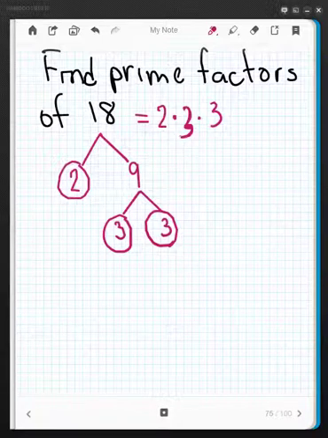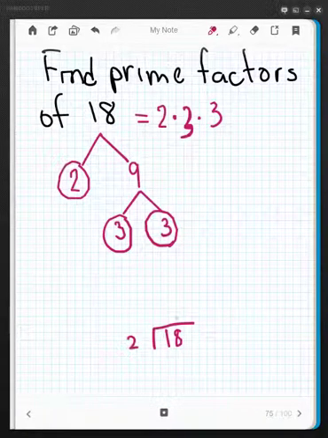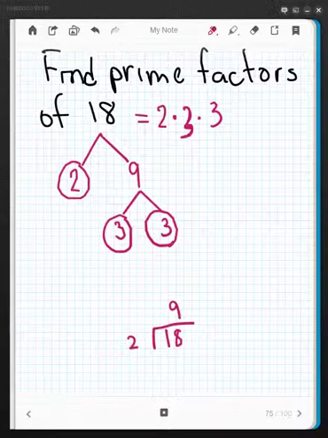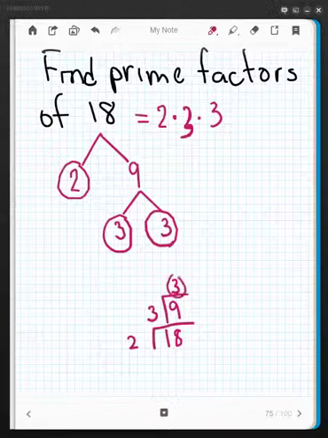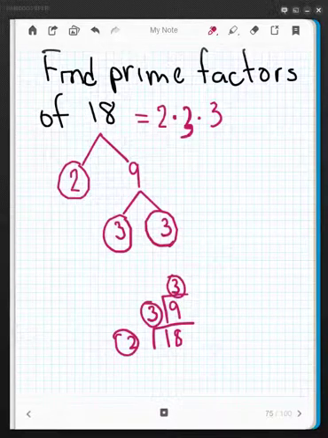You should see that 2 times 3 is 6, and 6 times 3 is 18. You should always get that. Now, another way of doing this is saying 18, and then 2 goes into 18 9 times. That's not prime, so we'll do it again. 3 goes into 9 3 times, and now you see all of your primes here. That's another way of doing the same thing that I did in my factor tree.